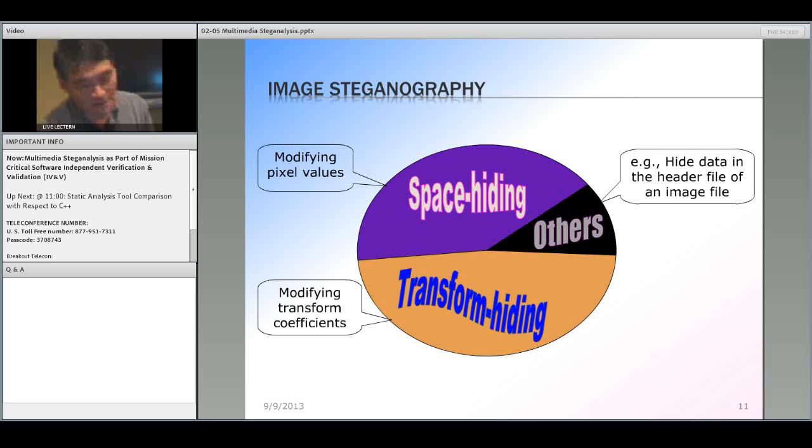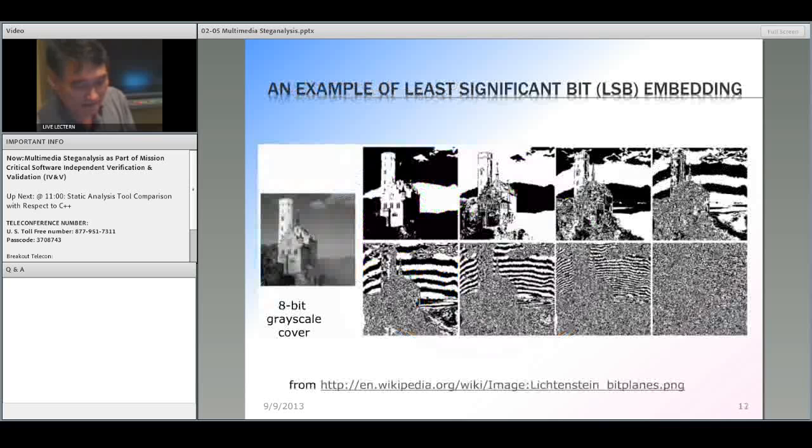So to embed some content in those kinds of format images, you have to do something else. And there are other ways, maybe based on contents, without altering the values of the bits altogether. But basically, we're going to look at the space hiding and transform hiding methods. So this is an example of least significant bit embedding, LSB embedding.